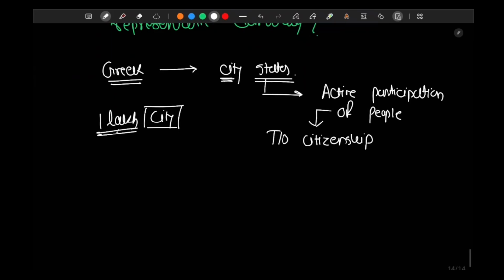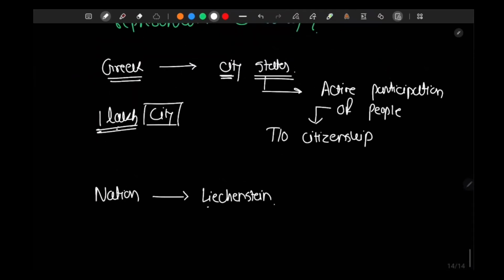Democracy. Now imagine a situation where there is a nation. I will take the example of one of the smallest nations in the world, let's just say Liechtenstein. Liechtenstein is a small country.